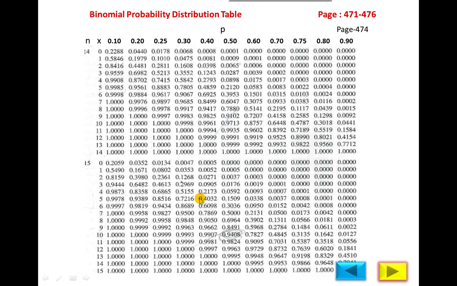Because this is the probability of 0 to 5, this is the probability of 0 to 4. If you subtract the value from 0 to 4 from 0 to 5, you will obtain the probability of 5. Okay, now we will solve the question again using the binomial probability distribution table.